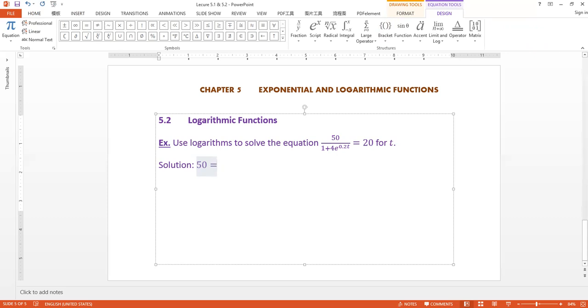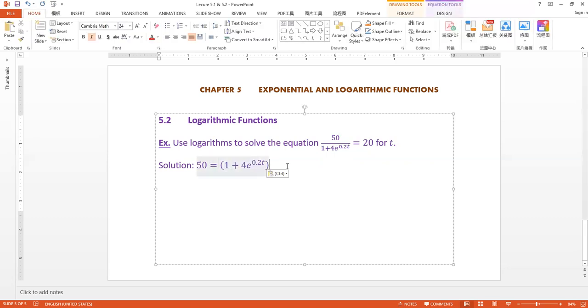So if we multiply 1 plus 4 times e to the 0.2t on both sides of the equation, then we know it will cancel the denominator on the left side, but on the right side, we're going to get another factor of 1 plus 4 times e to the 0.2t.